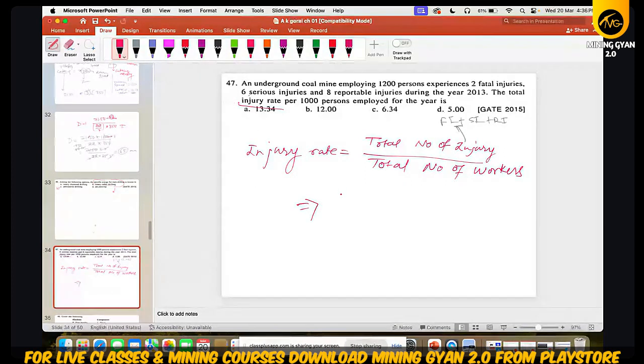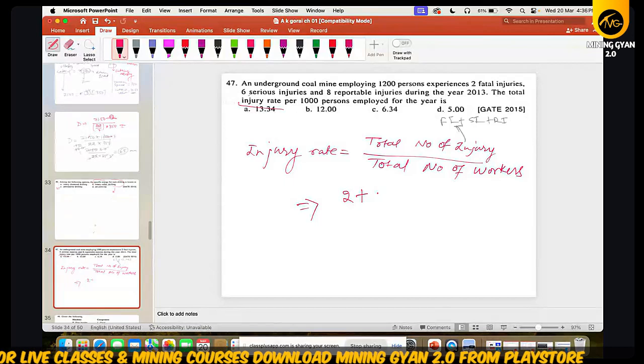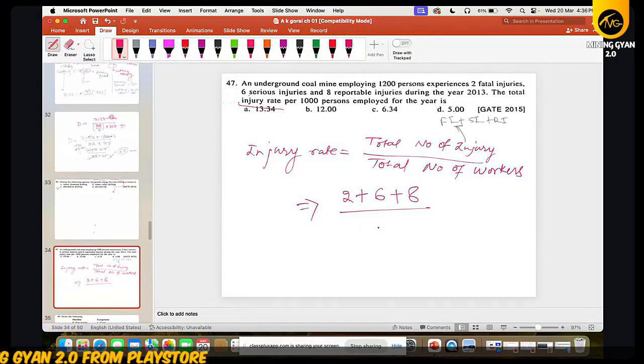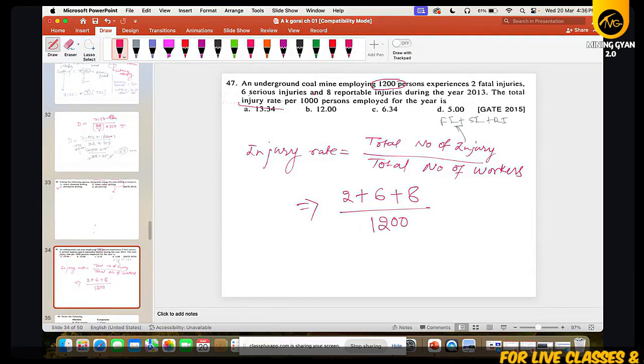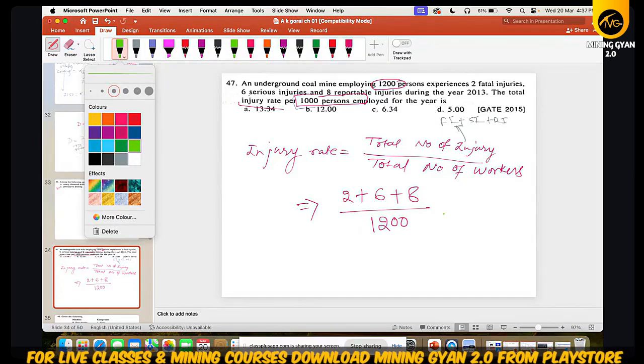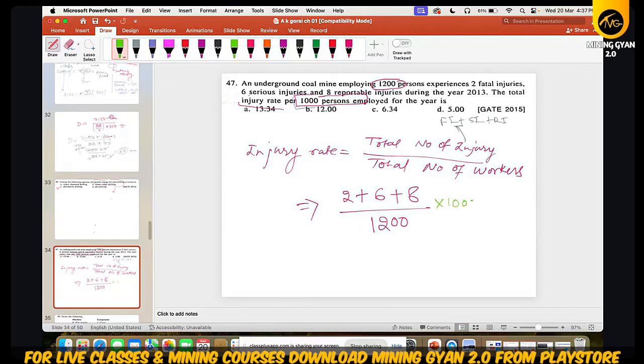So फेटल इंजरीज 2 प्लस सीरियस इंजरीज 6 प्लस रिपोर्टेबल इंजरीज 8 divided by total number of workers. Total number of workers 1200. सो यहां पे उसने पूछा कि 1000 पर्सन एम्प्लॉयड पर 1000 निकालना है. So if we have to calculate per 1000, then you have to multiply by 1000. अगर वो बोलता 10,000, then we have to multiply by 10,000.